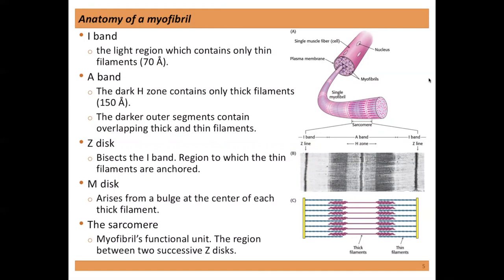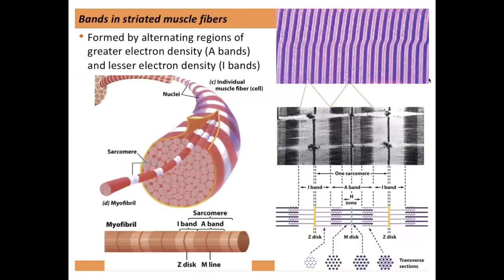So we talked about the Z disc that actually cuts in half an I band. And then the M disc cuts in half the A band, and it arises from a bulge at the center of each thick filament. There are bulges here and other proteins involved that we'll talk about that are found in the middle of that, and that is what's referred to as the M disc.